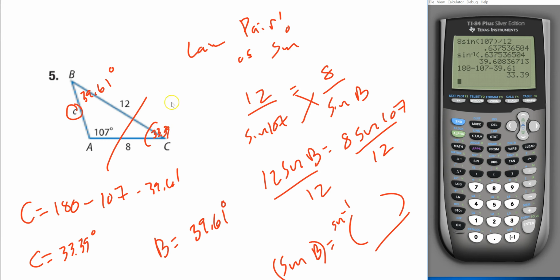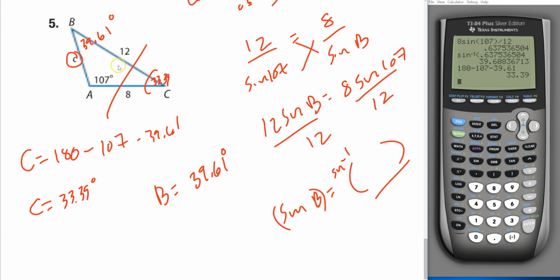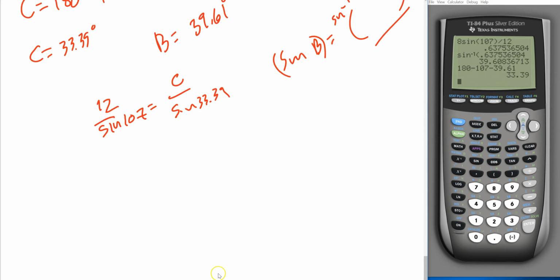And now finally, if I want to find C, I can do lots of ways actually. I guess I could do law of cosines now. We could do one more law of sines, right? I could do 12 over sine of 107 equals C over sine of 33.39. Luckily, this one's an easy one to solve.